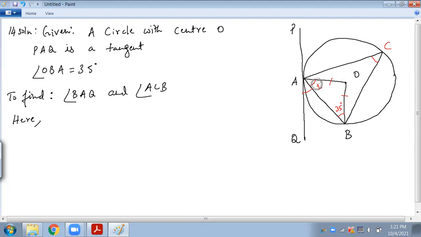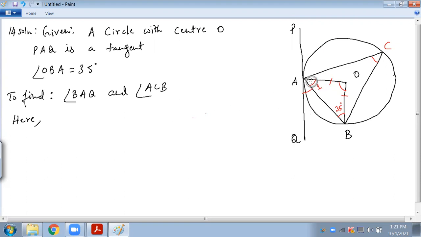If two sides of a triangle are equal, the angles opposite to them are equal. Opposite to AO is 35 and opposite to BO is 1, so angle 1 will also be equal to 35. After that, we'll find angle O, and after that we can find angle ACB and BAQ. Okay, let's do it one by one.